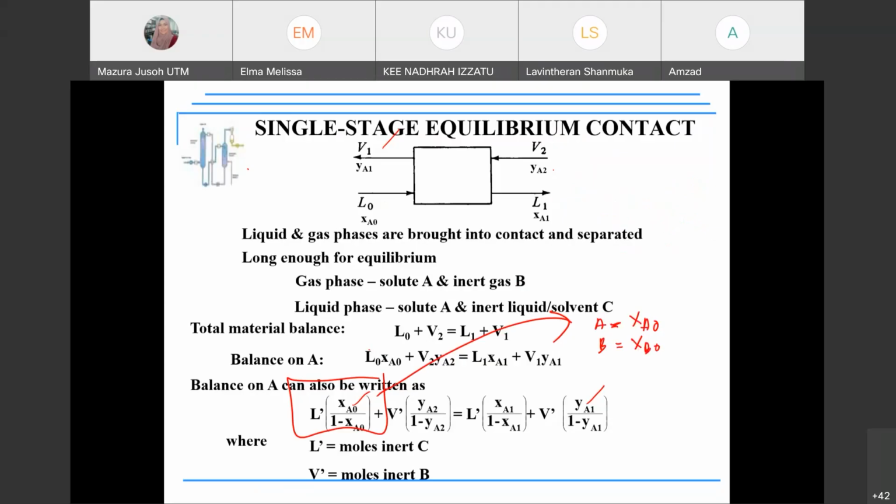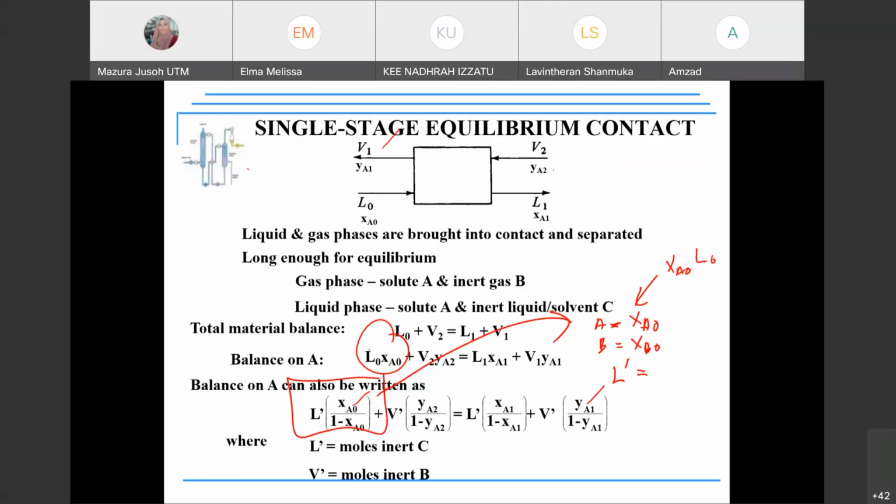Who can tell me what is the flow rate of B, which is L prime? The flow rate of A is XA naught times L naught, here, right?